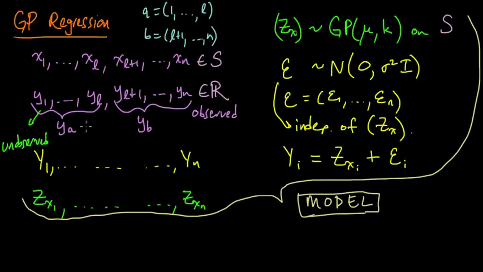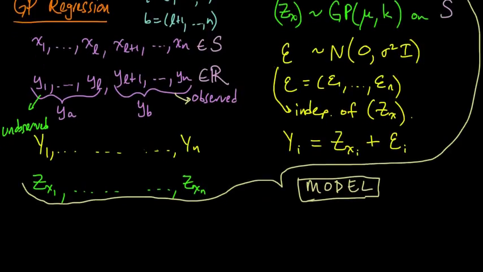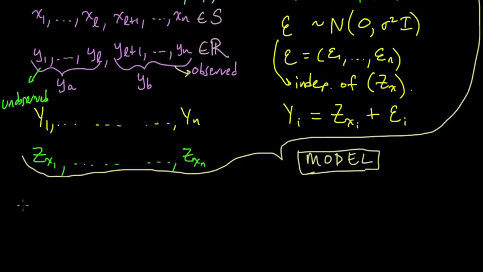And now what do we want to do? In order to do inference, we want to get the posterior predictive distribution on these random variables y1 through yl given these observed values. So let's write down what we want. That was the model, and this is inference.